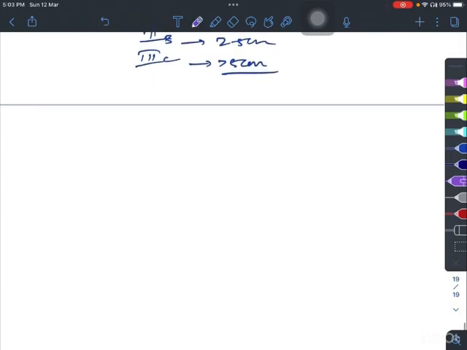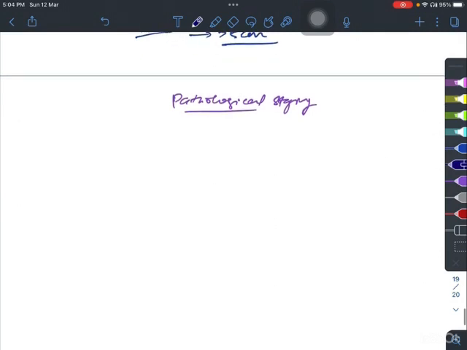Coming to the pathological staging. This pathological staging is done only after RPLND, retroperitoneal lymph node dissection. So let's see what the indications for retroperitoneal lymph node dissection are. It is done for clinical stage 1 and 2 non-seminomatous germ cell tumor.